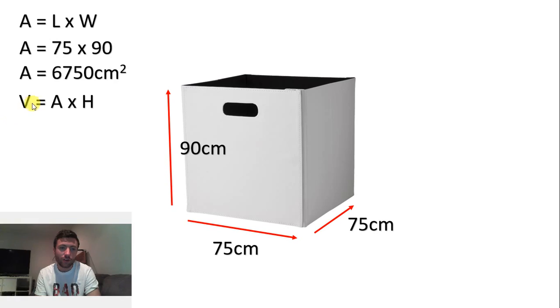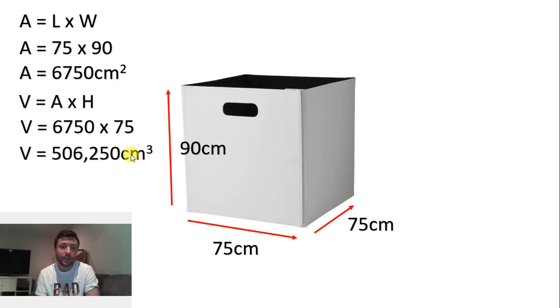Then we can find our volume. The volume is the area times the height. So our height is here. We're just going to have our area, which is 6,750, times 75, which is going to give us 506,250 centimeters cubed. And now we have cubed here, so that's 3. Centimeters cubed, it's important to remember that.